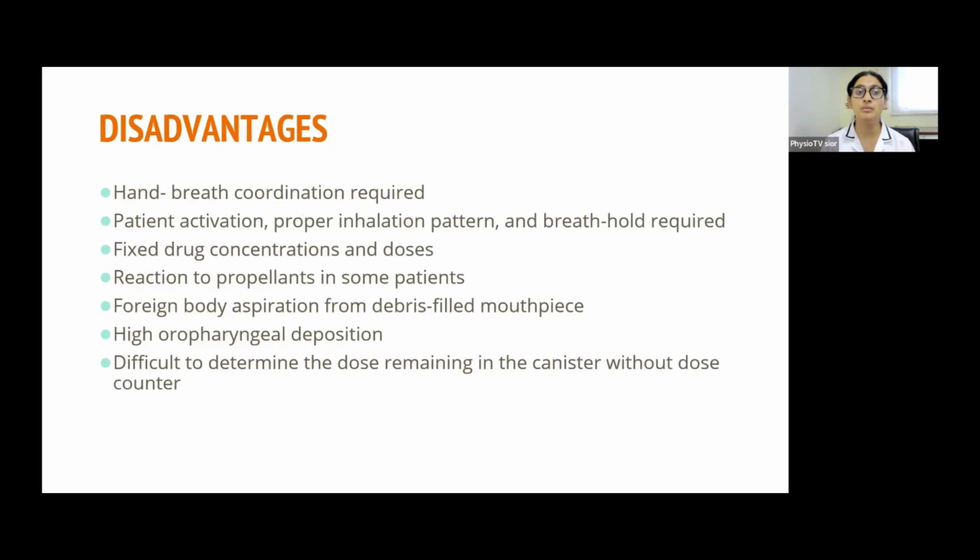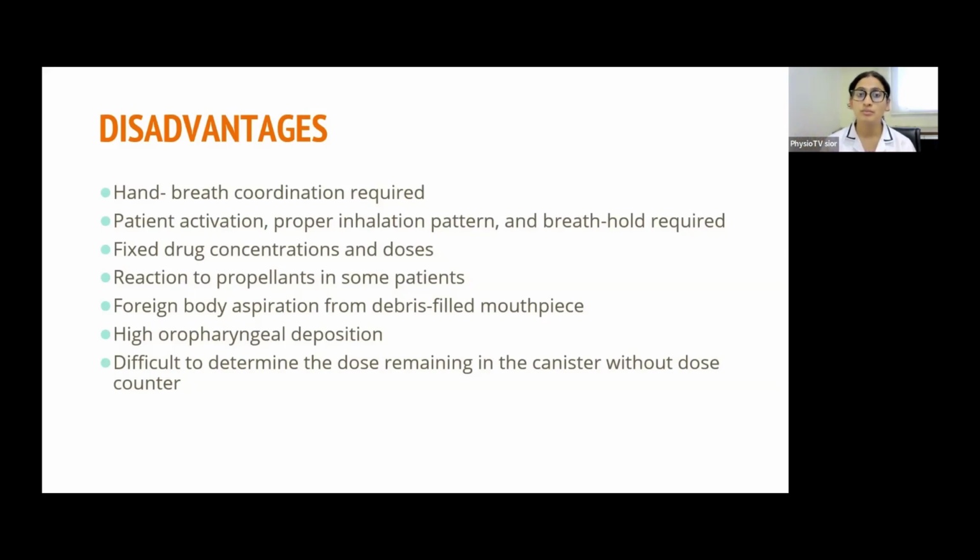Moving on to the disadvantages of using meter dose inhaler is that it needs a good breath and hand coordination, which means that the hand coordination along with the breath when the formulation or medication comes out of the meter dose needs to be coordinated well.